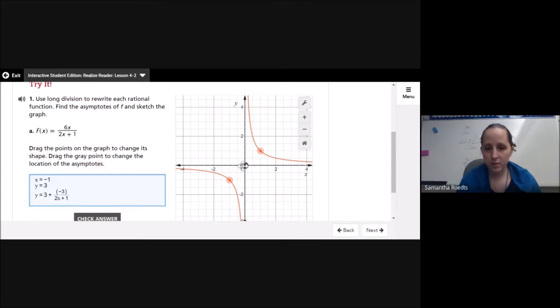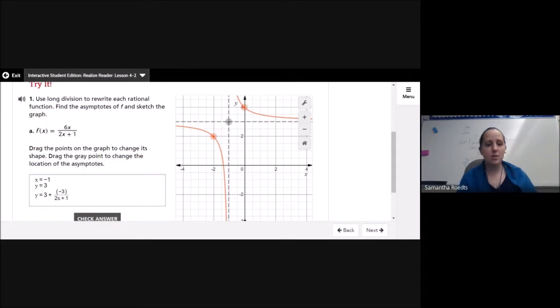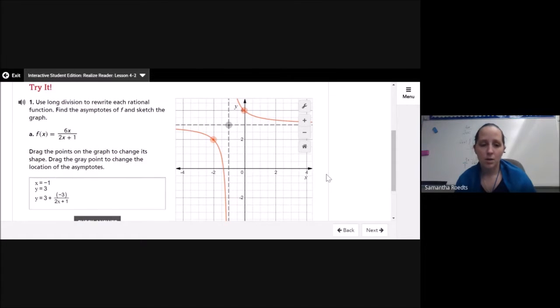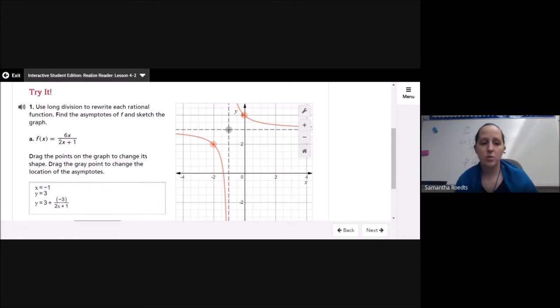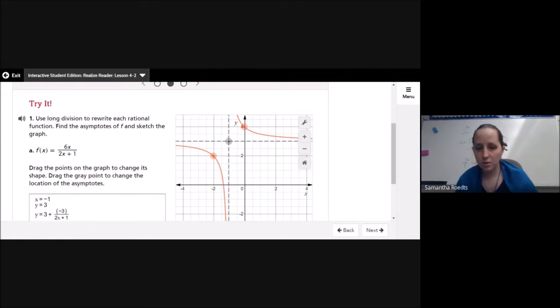There's my horizontal and vertical asymptotes. So that gives me at 1, negative 3 over 3 is negative 1, so 3 minus 1 is 2, so 1, 2.